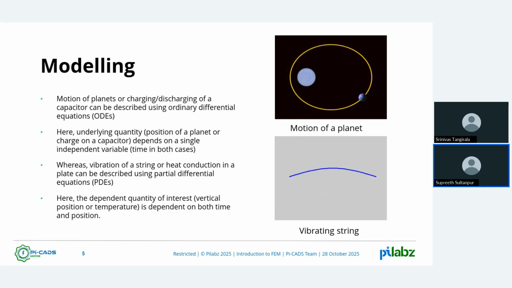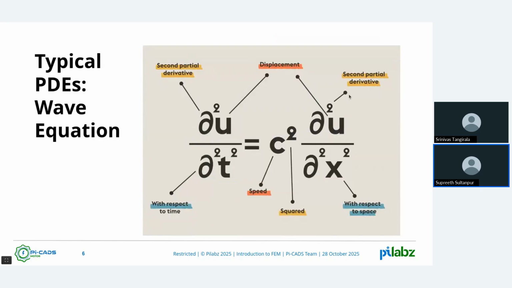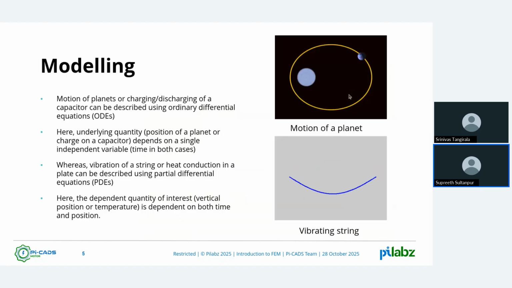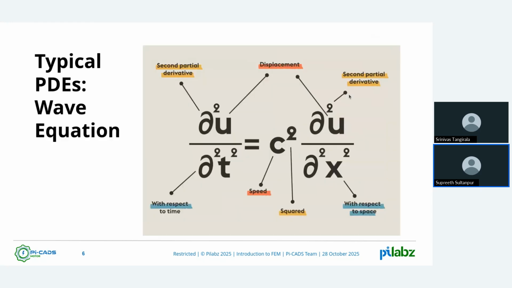So let me just put up a poll. Here is a typical partial differential equation. Some of you may have seen this. It's called a wave equation. Essentially, the vibrating string that we saw in the previous slide is represented using this wave equation.